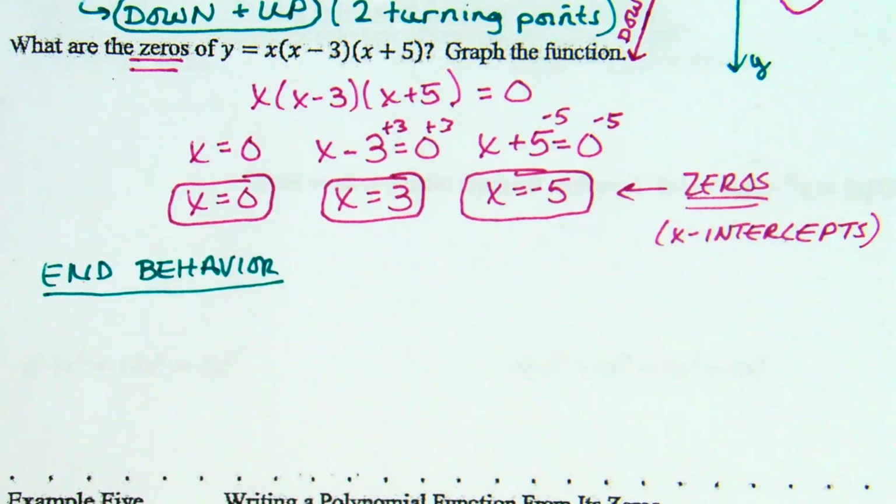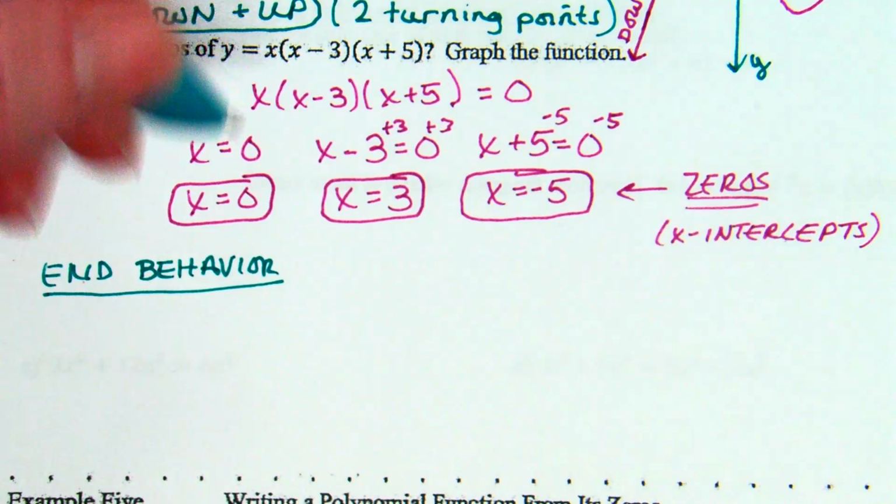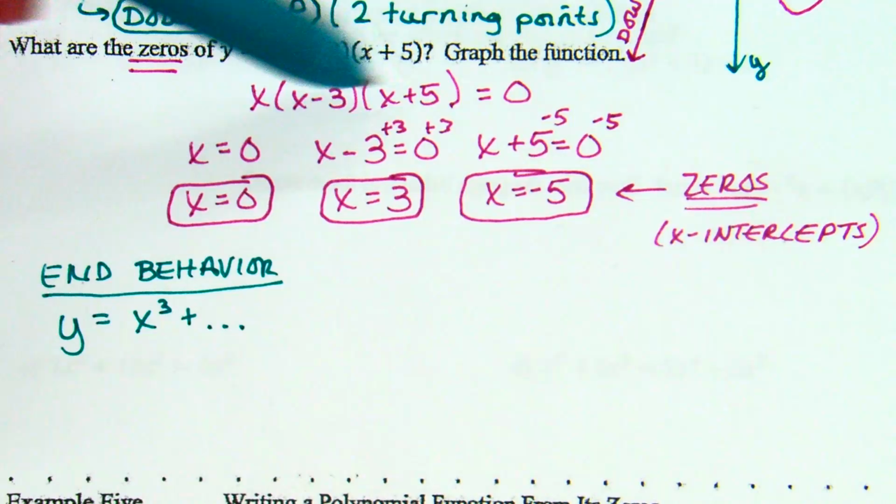And so that is going to make x to the third. You can think of it as foiling these two parentheses and then distributing an x. So foiling these two gives me x squared. Distributing an x is going to make it x cubed.